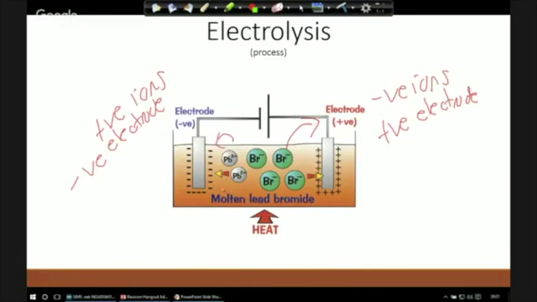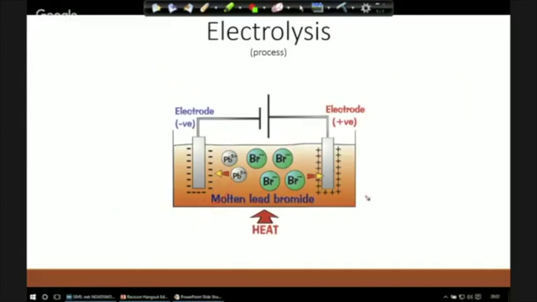And so what we find here is we actually then produce our lead. The lead moves across. So in our electrolysis, we've got two parts going on. We're forming our lead. We're forming that because the positive lead ions accept the electrons. And in doing so, they become a lead atom.